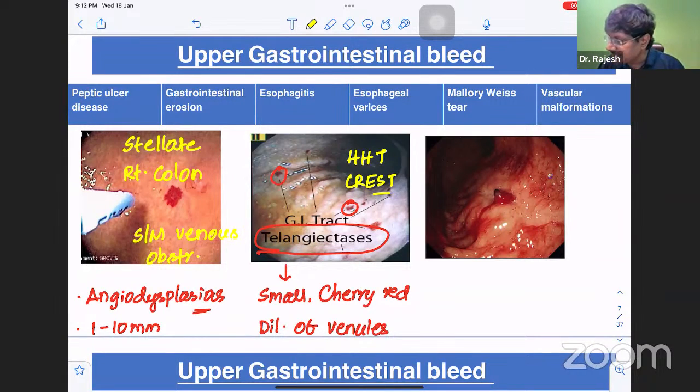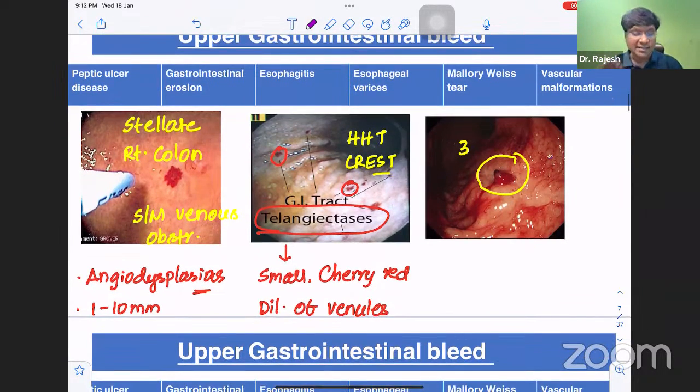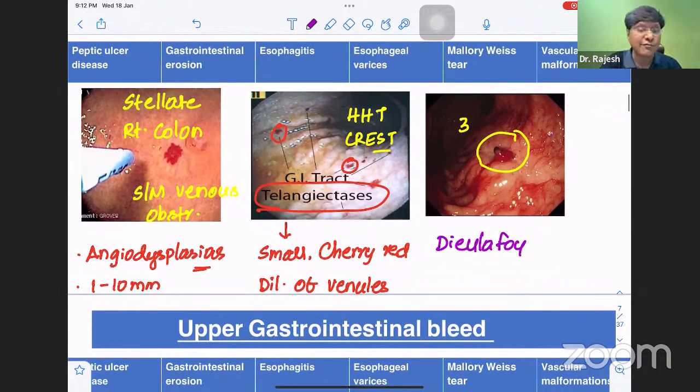Next, can anyone identify this particular lesion presenting with the upper gastrointestinal bleed? Any one of you, please? What is this third vascular lesion? This is a very, very important lesion, and we call it Dieulafoy's lesion.